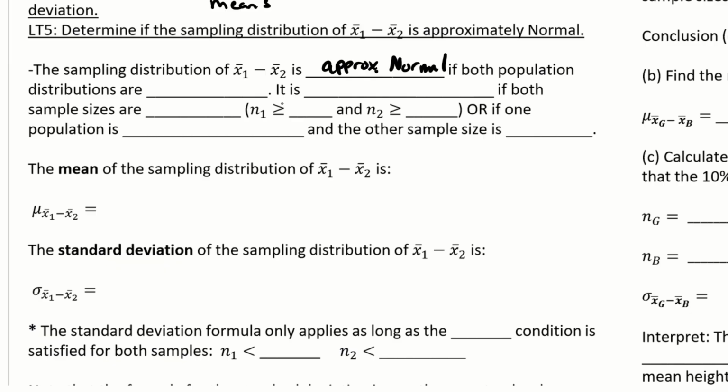But this time the large counts condition applies to both x bar 1 and x bar 2, right? So both populations. So if both population distributions are normal, then of course the sampling distribution is going to be normal.